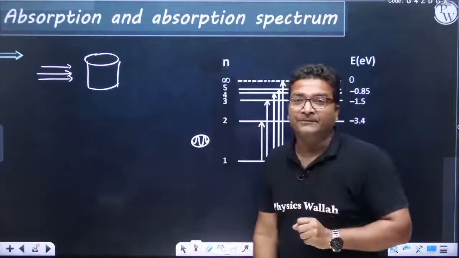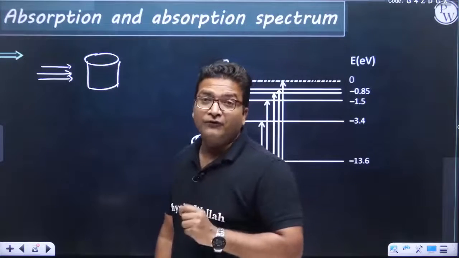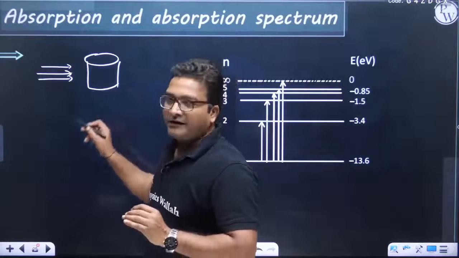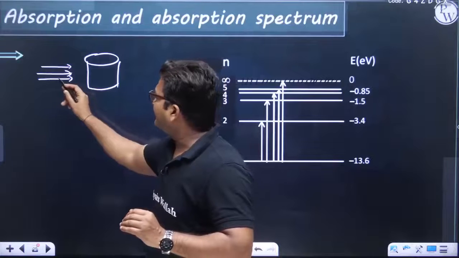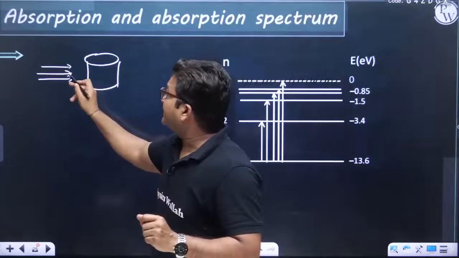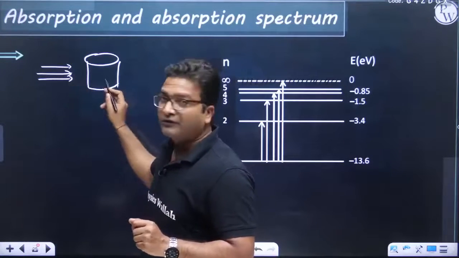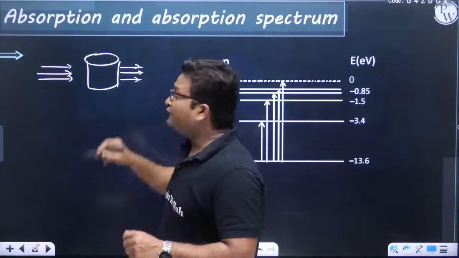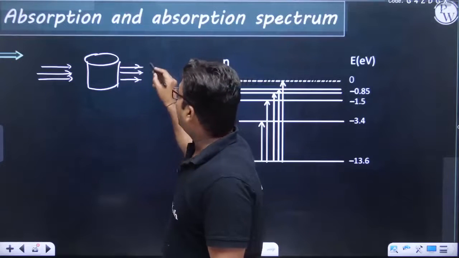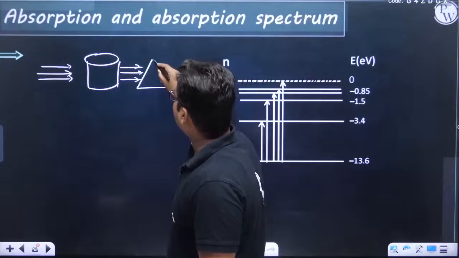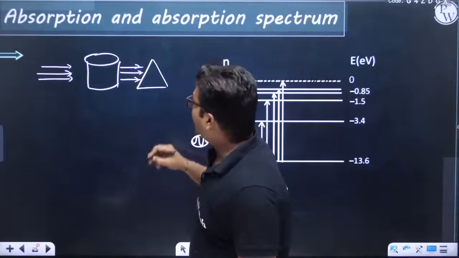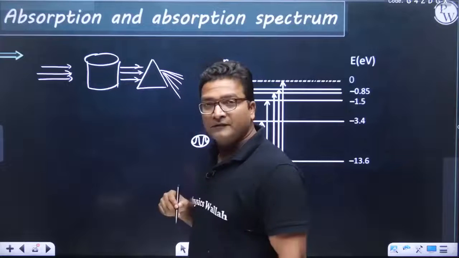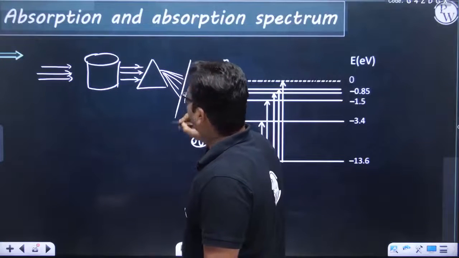But only some of the photons are absorbed, and that is important. Let me explain it. If we send some light through hydrogen gas, some of the photons are absorbed. Here we get the unabsorbed light, and if the unabsorbed light is passed through a prism, the prism makes a spectrum of it, meaning every wavelength is split into different colors.